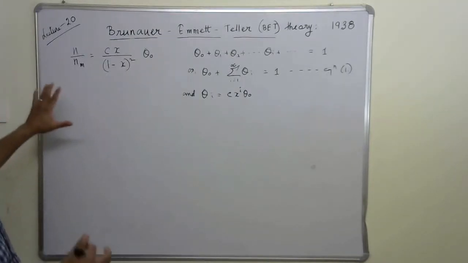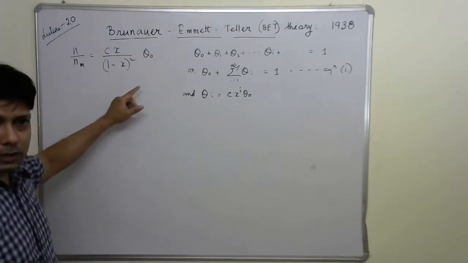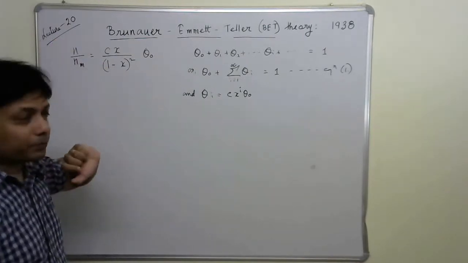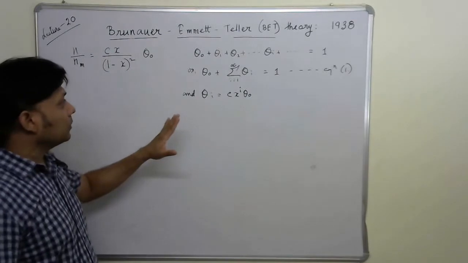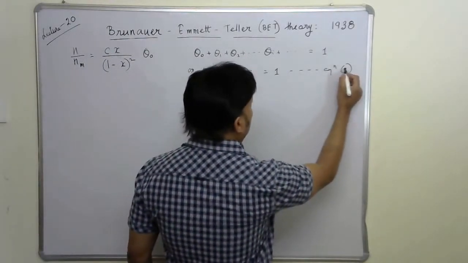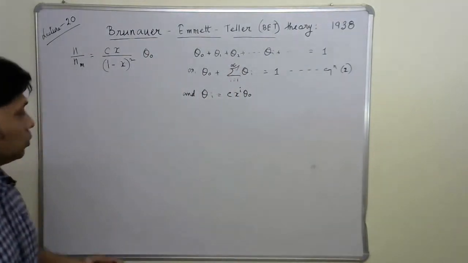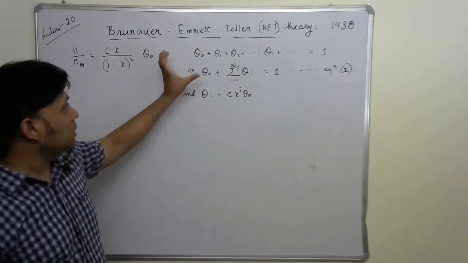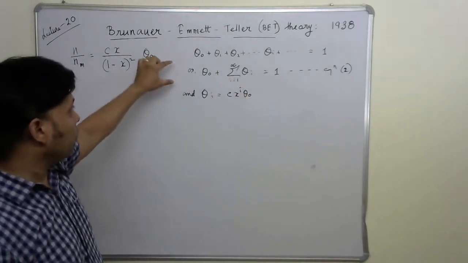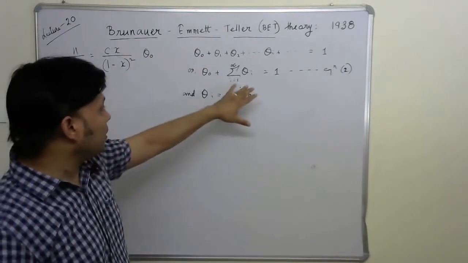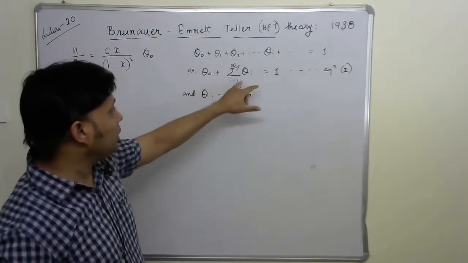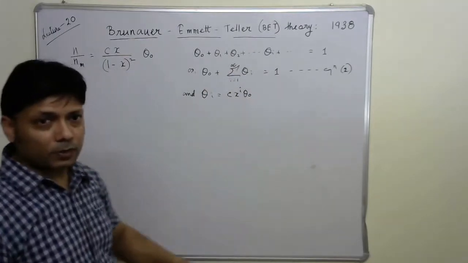What we have got, we have rewritten once again: that is the expression for n over nm we just got. And then if we look at our equation 2, sorry, this is not equation 1, equation 2, we have that the summation of all the fractions is equal to 1. So theta 0 plus the summation from I equal to 1 to infinity of theta I is equal to 1.